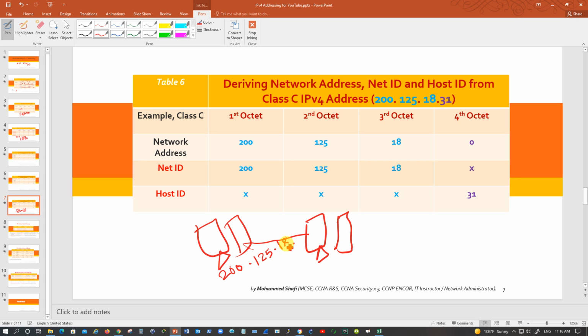Where I have to make uniqueness is the 4th octet, which is the host ID. If this one is 31, I cannot have 31 for the second computer. I have to have a number other than this.